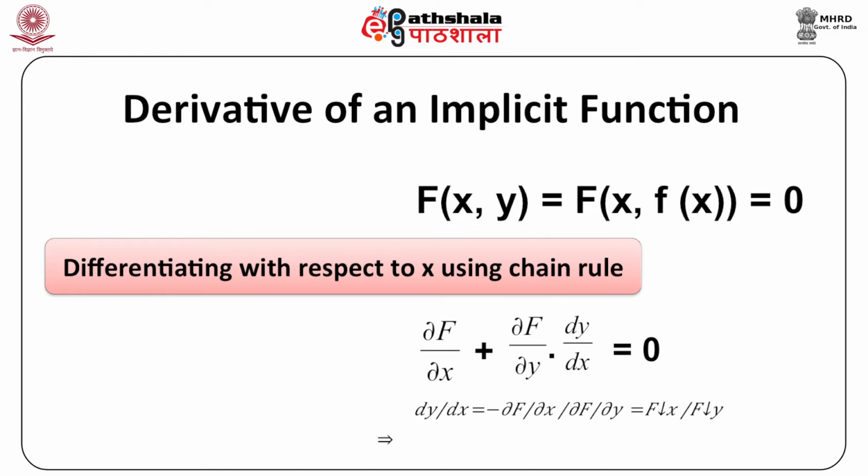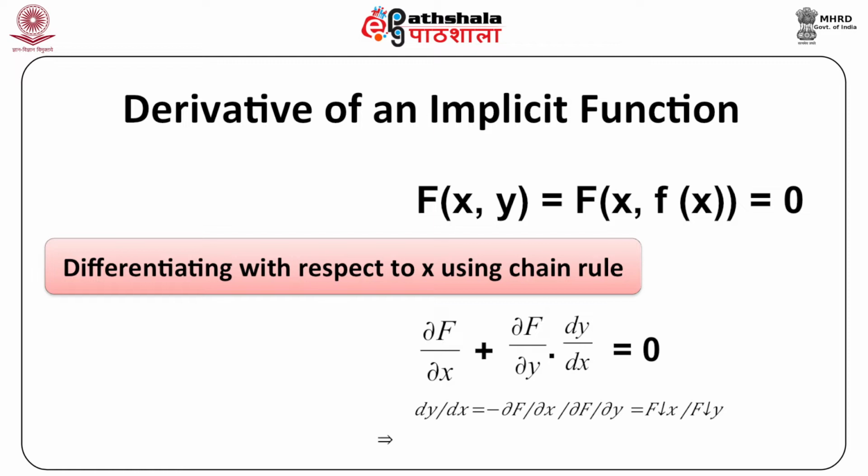Suppose F(x,y) is a differentiable function and F(x,y) equal to 0 defines y as an implicit function of x. Then F(x,y) is equal to F(x,f(x)) which is equal to 0. Differentiating with respect to x using chain rule, this gives dF/dx plus dF/dy into dy/dx is equal to 0, which implies that dy/dx is equal to minus dF/dx by dF/dy, which is equal to minus Fx by Fy.